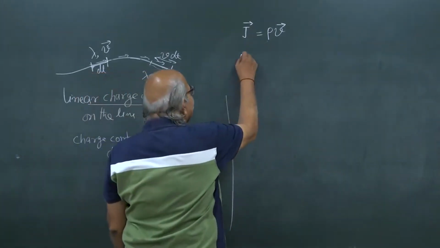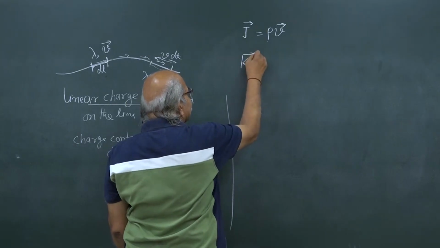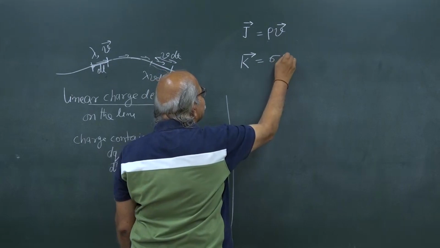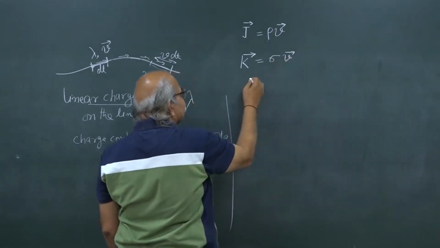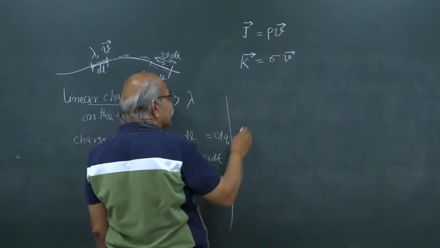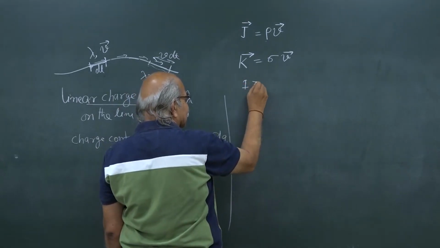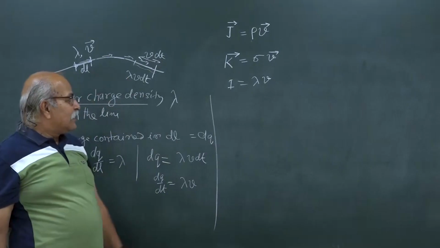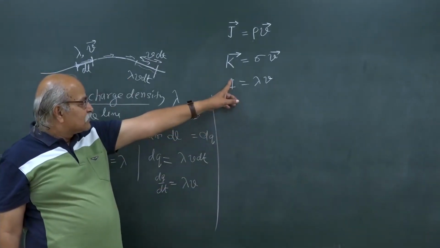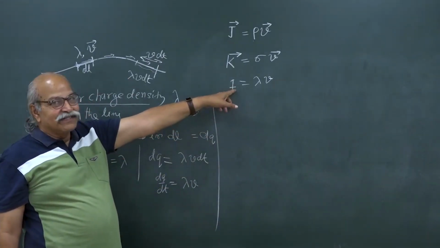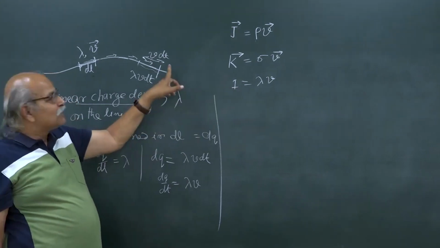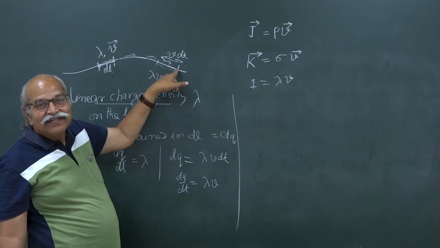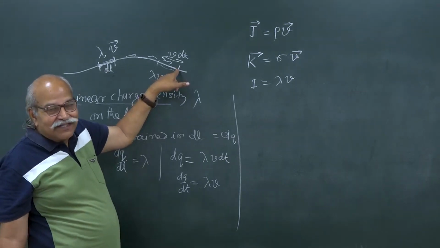Then we defined K, surface current density, which was sigma times v, and then we define this current, which is lambda times v. Okay, we do not define linear current density because it is crossing through just one point. So, I cannot divide by the size of that point.